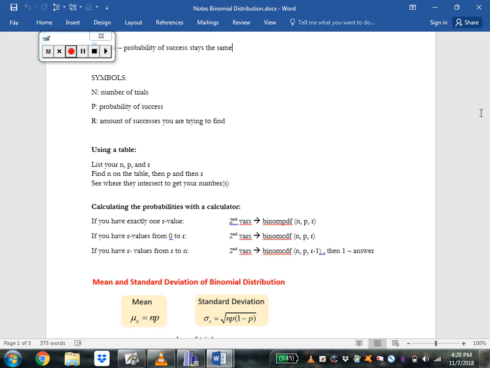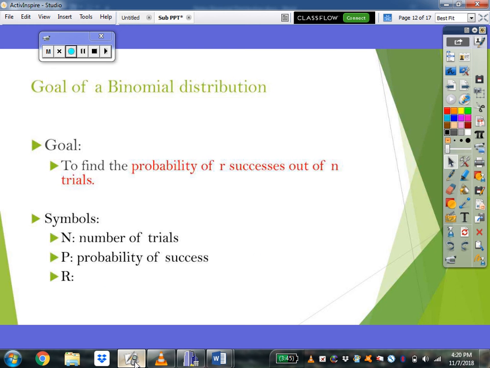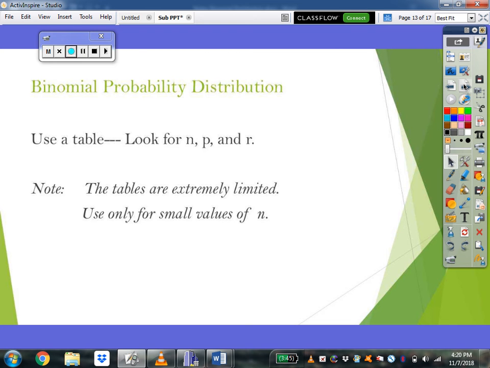So you're only really going to want to use the table when you have small values of n, because otherwise you're not going to be able to do that. When you're using the table, you're first going to go down to find the number n, and then you're going to go across. Actually, you're still going down to find p, and then you're going to go across to find r. If you play around with it, you should be able to get going with that.